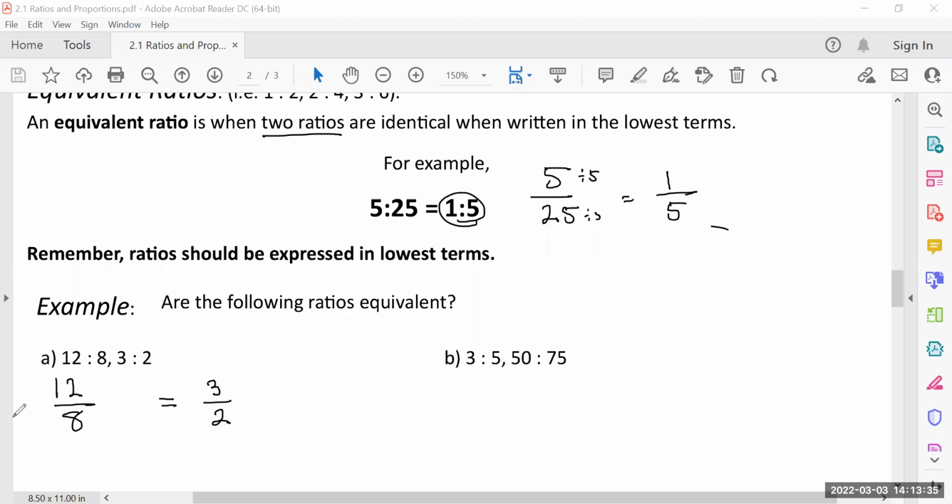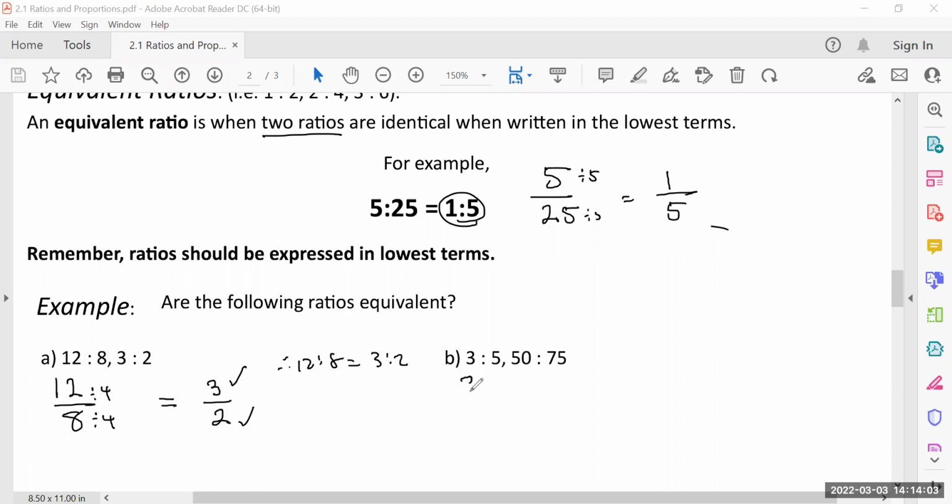Or how do I get 2 to become 8? We can go either direction. Not by 3, but yeah. So if I divide both sides by 4, top and bottom rather, 8 divided by 4 is 2. 12 divided by 4 is 3. Yay. So therefore 12 to 8 and 3 to 2 are equivalent ratios.